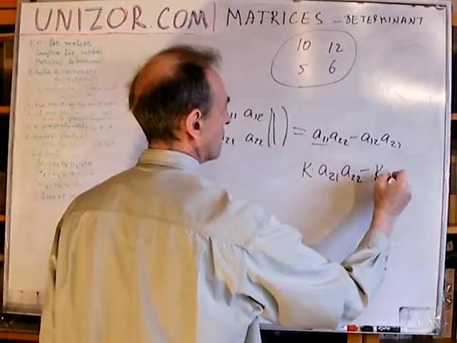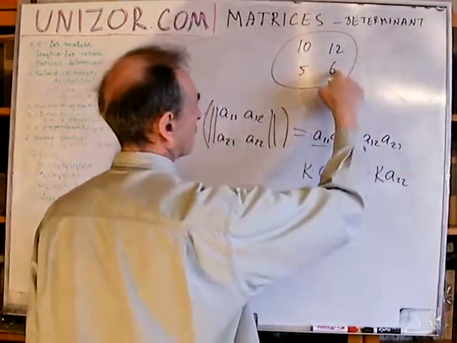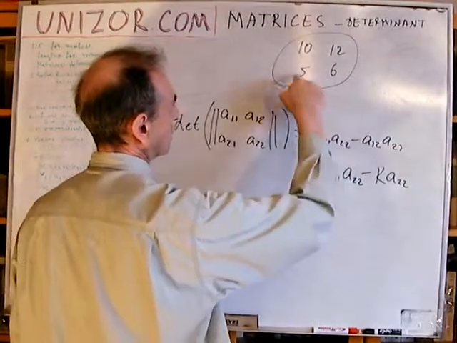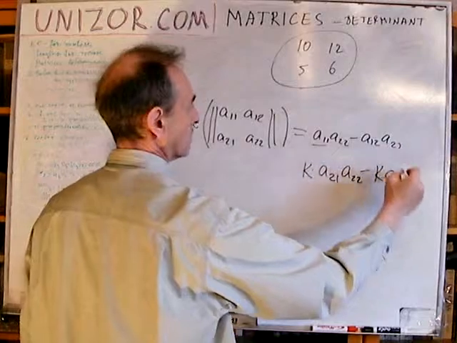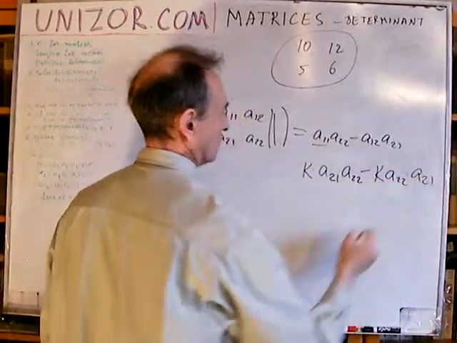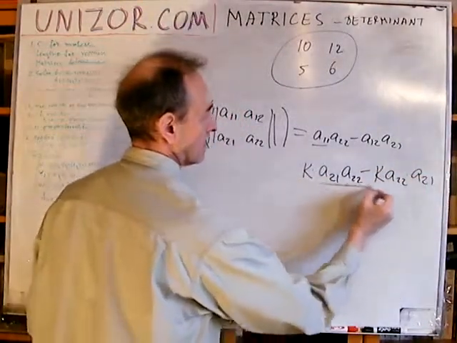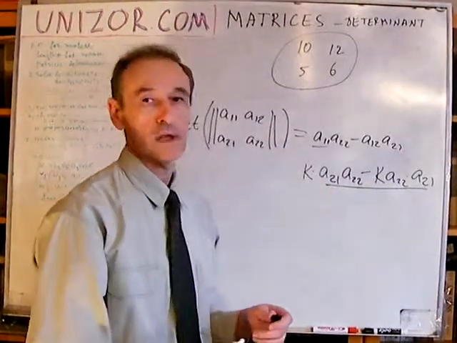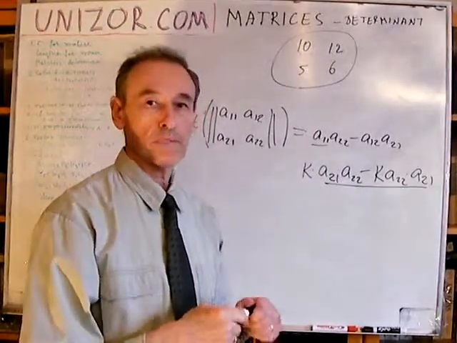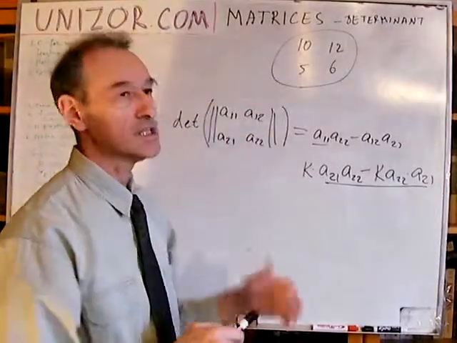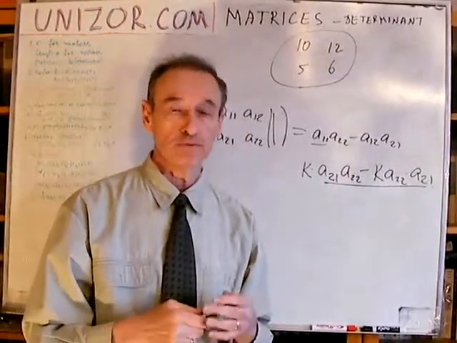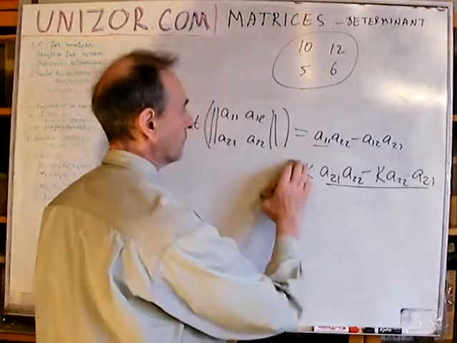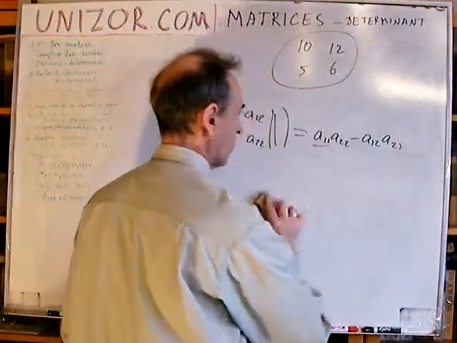So it's K A22 times A21. As you see, they are equal: A21, A22, K and K, right? So the determinant is equal to 0.